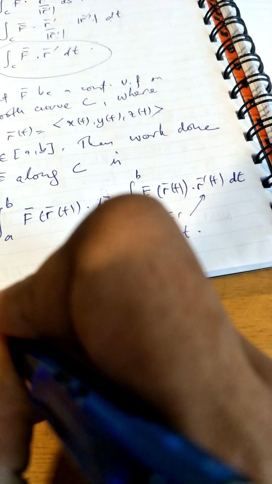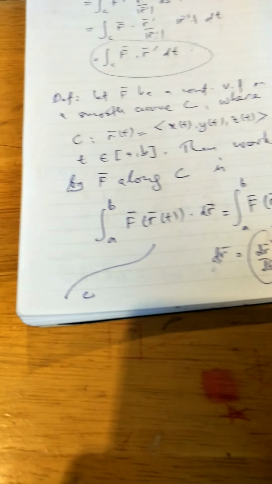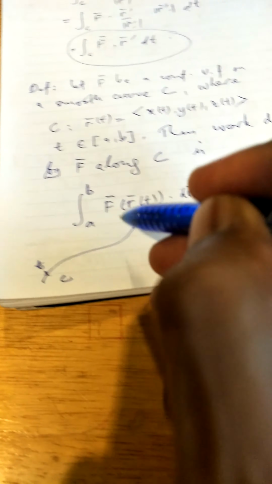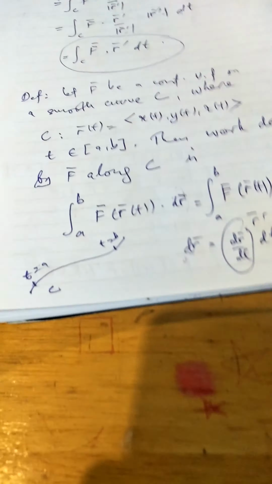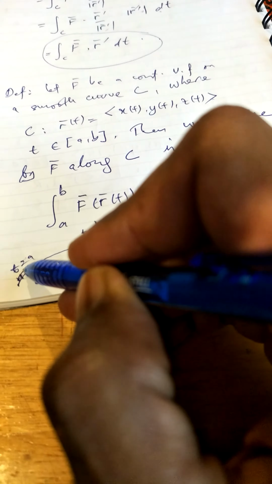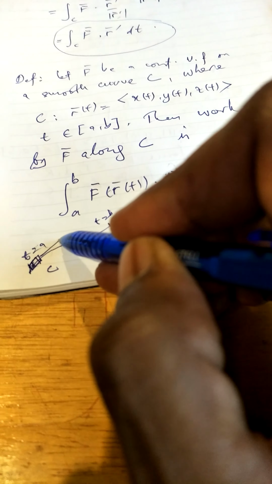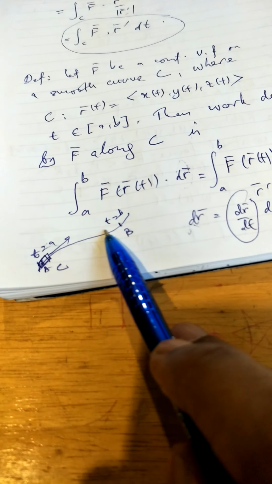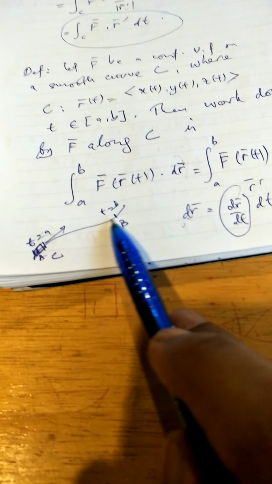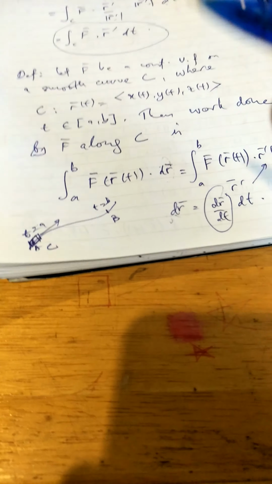If we have a smooth curve C from a point t equal to A to a point t equal to B, and you have an object here and you pull this object with a constant force from point A to point B along that smooth curve C, what we have is the work.